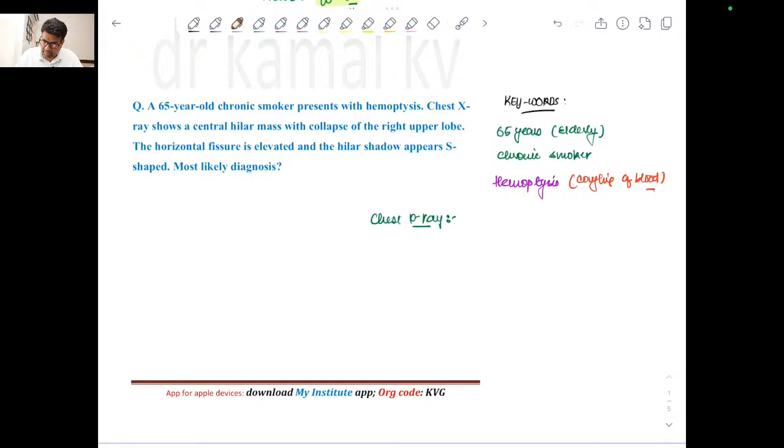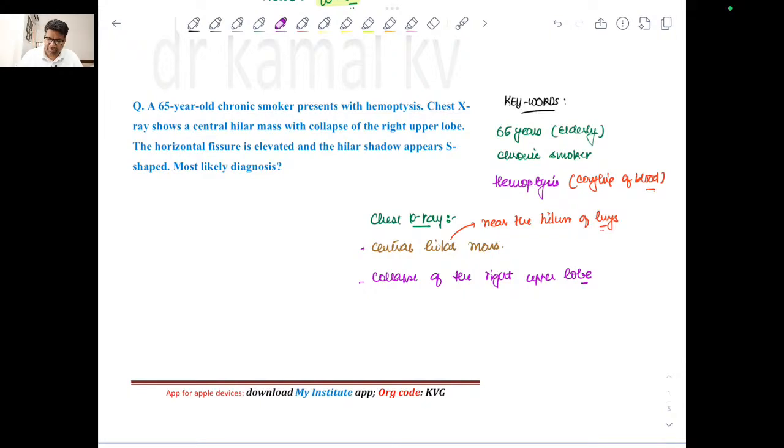It is showing a central hilar mass. Hilar means near the hilum, right? Hilar means near the hilum of lungs. So central hilar mass, and this is associated with collapse of the right upper lobe.